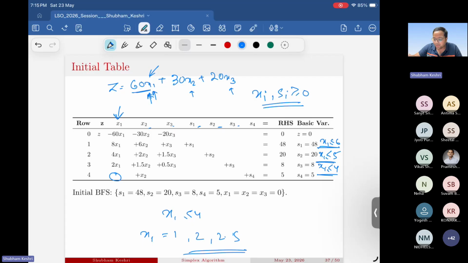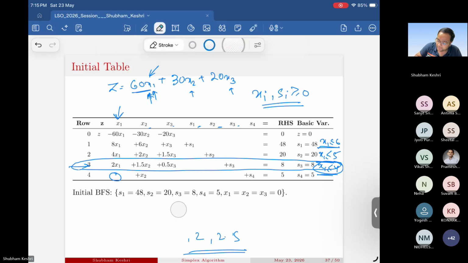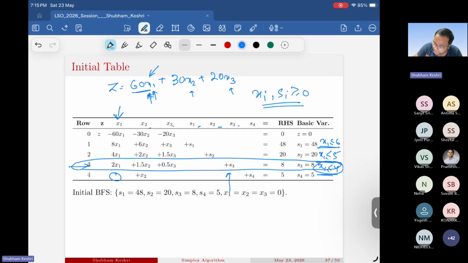So we will take this as the governing equation for x1 to not violate the non-negativity restriction. In that case, you see, if x1 takes 4, s3 will become 0. So s3 will be the leaving variable. Is it clear? We have identified the entering variable as x1 and s3 as the leaving variable.